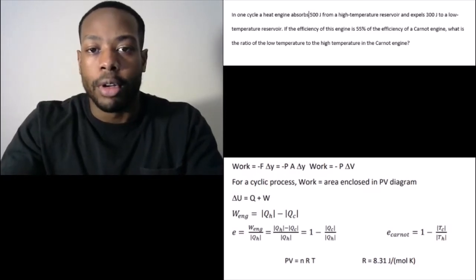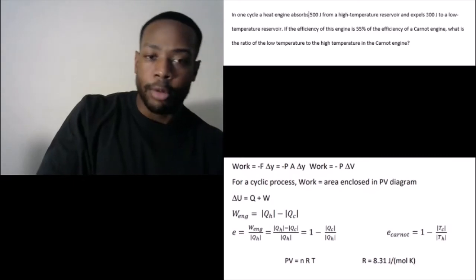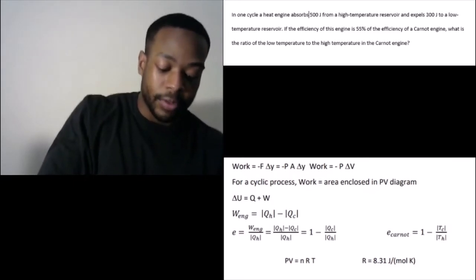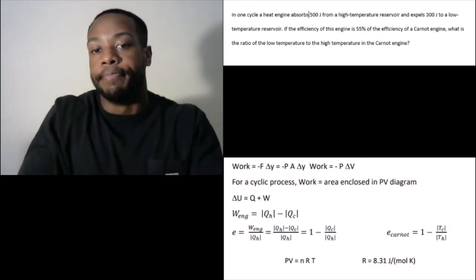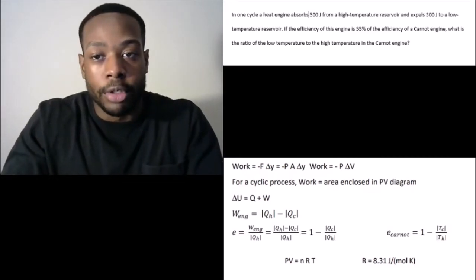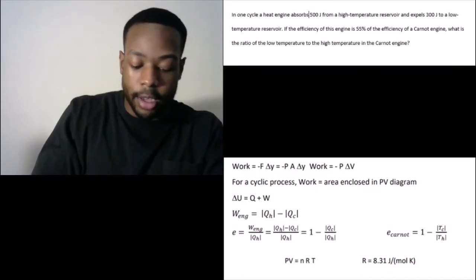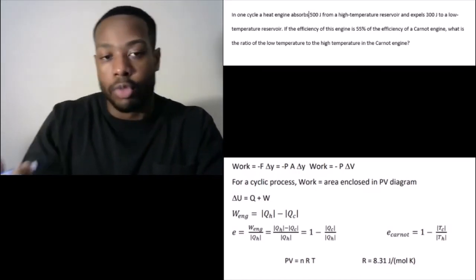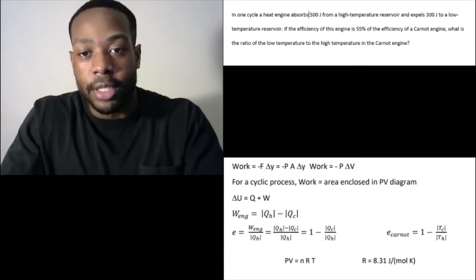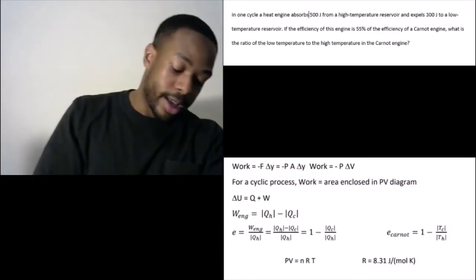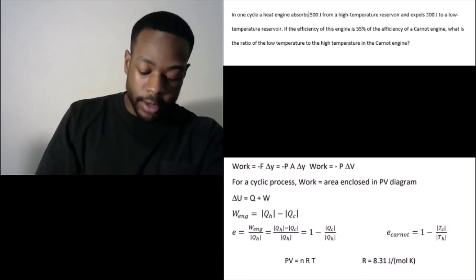One cycle, it absorbs 500 joules, so write down that variable and the number, 500 joules. It expels 300 joules to a low temperature reservoir, so write that variable and 300 joules. The efficiency is 55% of the efficiency of the Carnot engine, so we can write that: efficiency equals 55% of the Carnot.